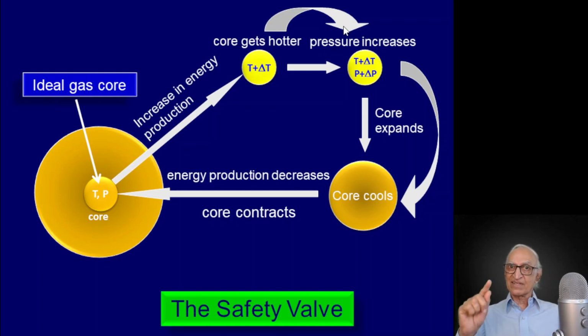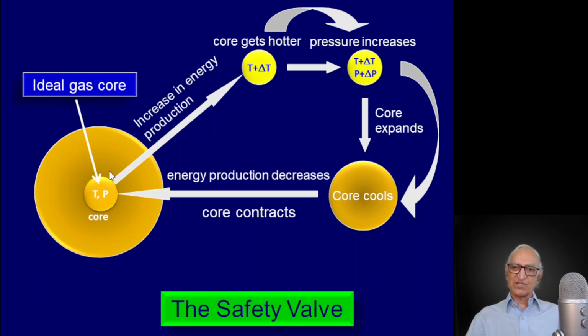So the pressure will go from P to P plus delta P. And this will upset the hydrostatic equilibrium. The core will now expand. As the core expands, the core will cool. And as the core cools, the energy production will decrease and it will come back to where it started.